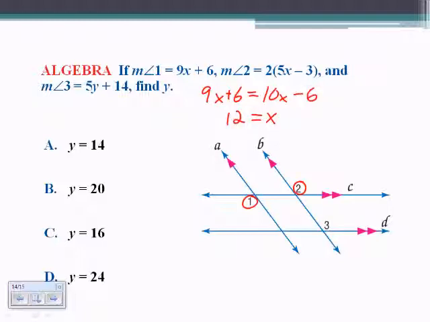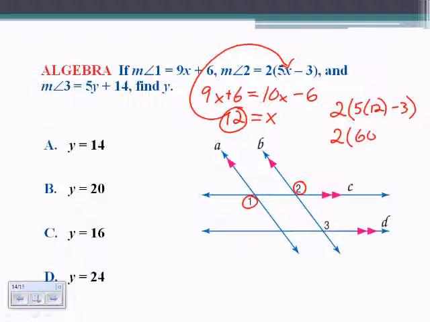If we replace x with 12 in the measure of angle 2, we end up with the measure of angle 2 equaling 2 times 5 times 12 minus 3. So we had two quantities, 60 minus 3. 60 minus 3 is 57, and 57 times 2 is 114.